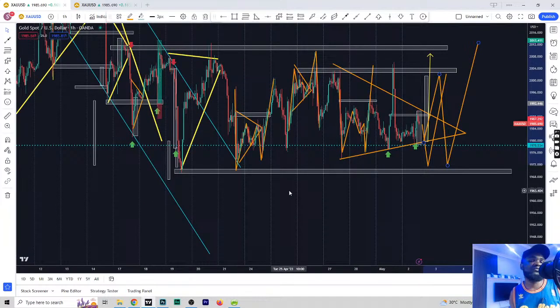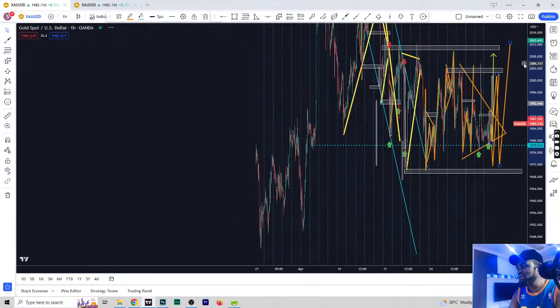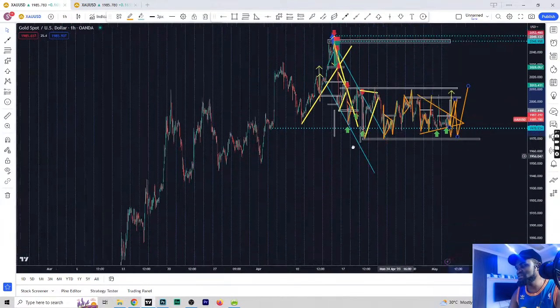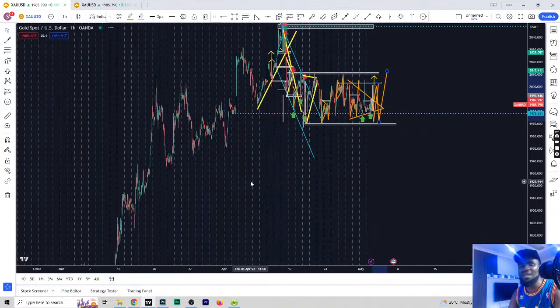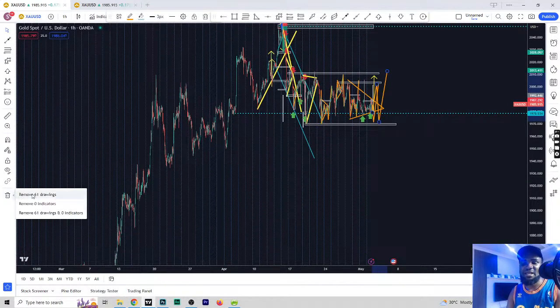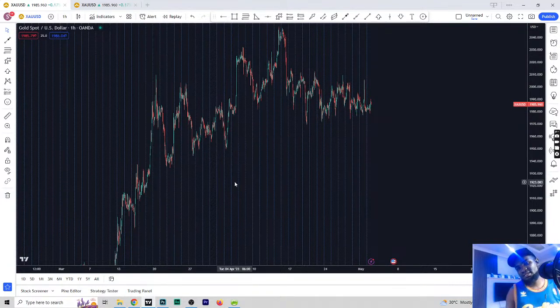But we have a micro and macro triangle, and what we see here is basically a very big triangle with a very big market induction. So check it out. This is the trend.